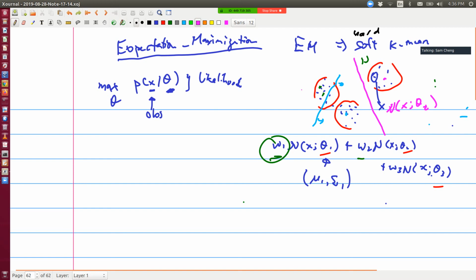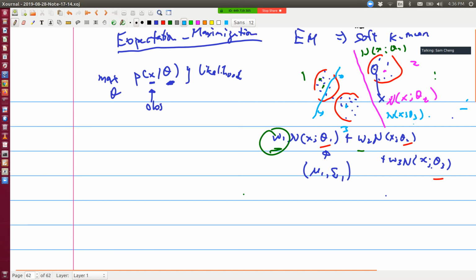This one is cluster 1, this is cluster 2, and cluster 3 is light blue here. So the likelihood in terms of cluster 1 will be N(x; theta 1), and in terms of cluster 3 will be N(x; theta 3).